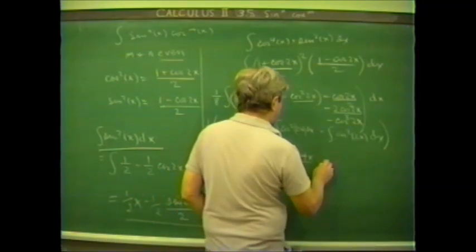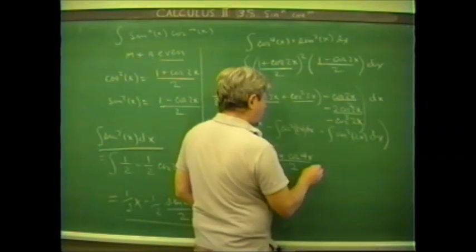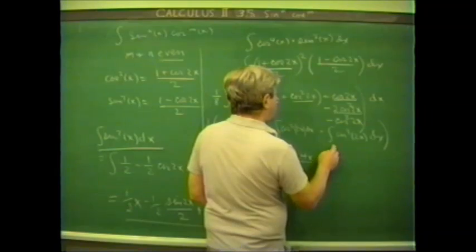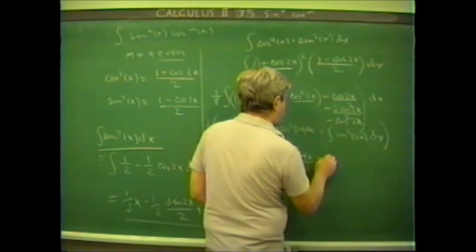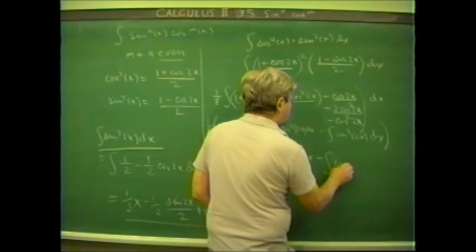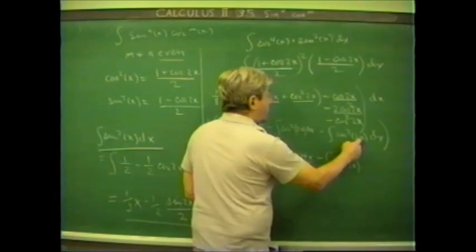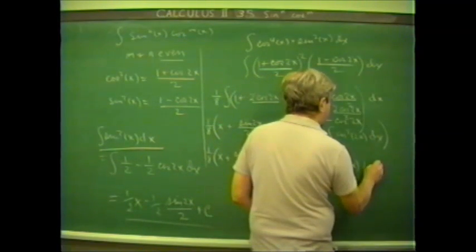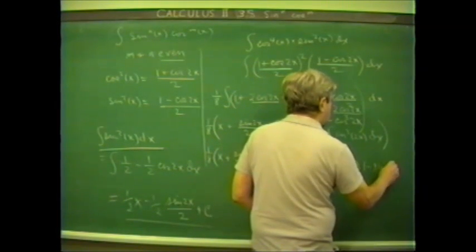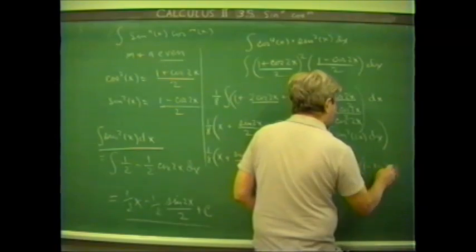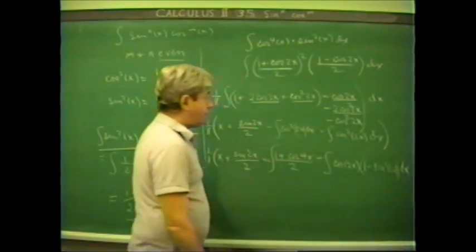Now this is cosine cubed. So we want to save cosine of 2x and change the cosine squared into 1 minus sine squared of 2x, dx.